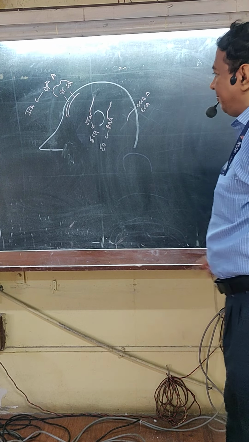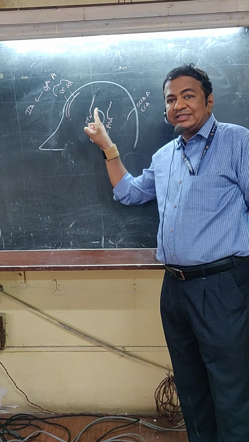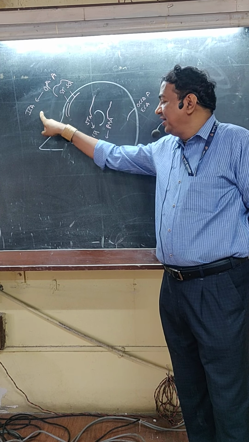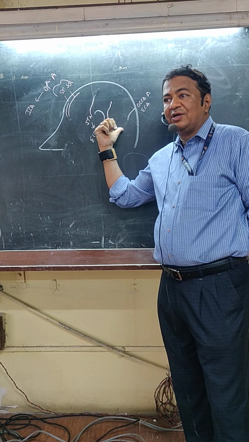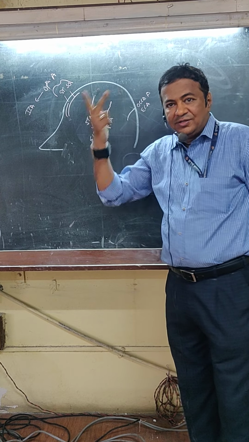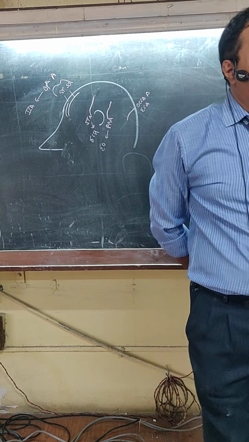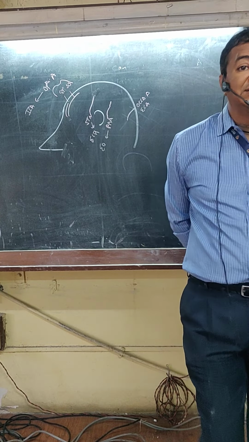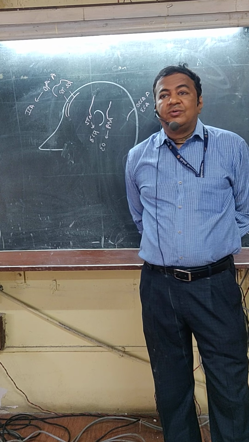So the skull is a site of anastomosis of the internal carotid artery and the external carotid artery. Don't take the skull lightly. It's an important site for anastomosis of internal and external carotid. What advantage?